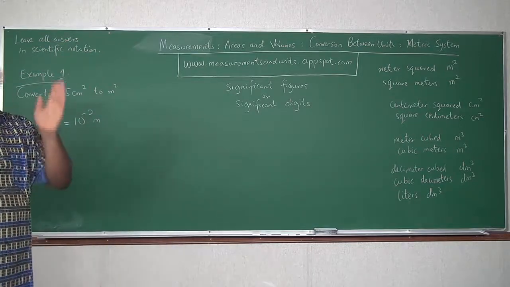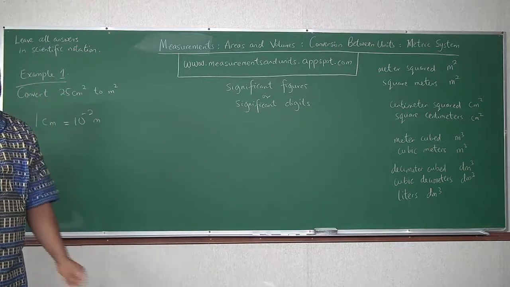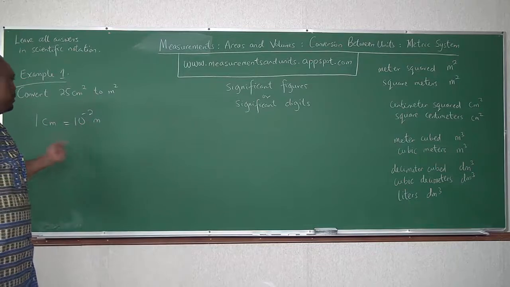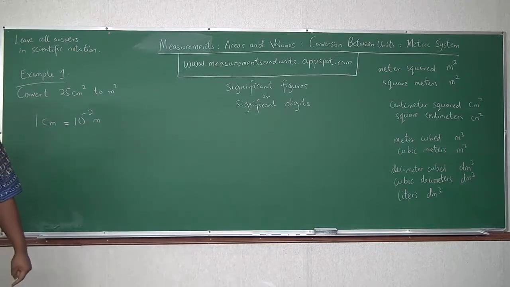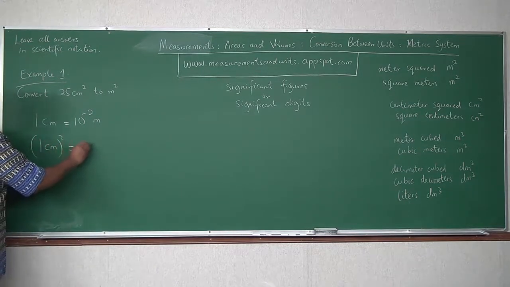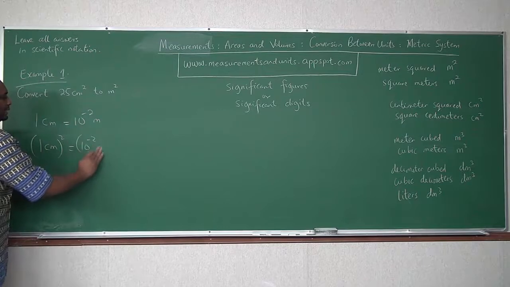It is important that you view that video in order so that you will understand it. The prefix is very important. So centi means 10 to the negative 2. So all you need to do is just square it. Square both sides. That is all you need to do.